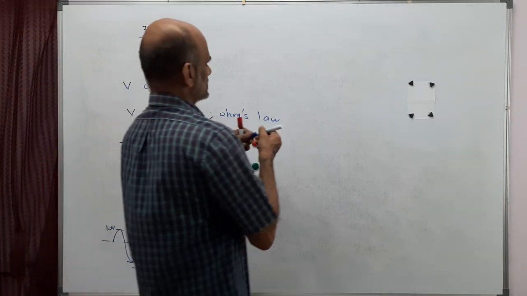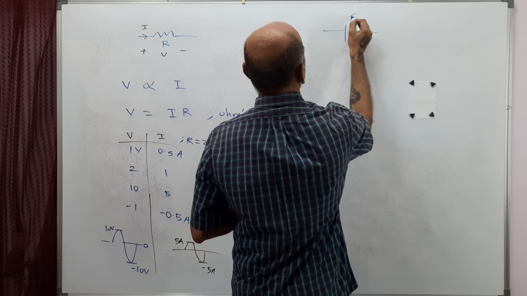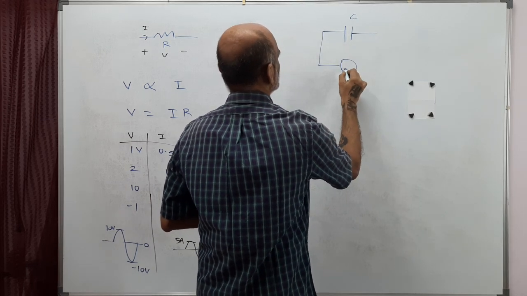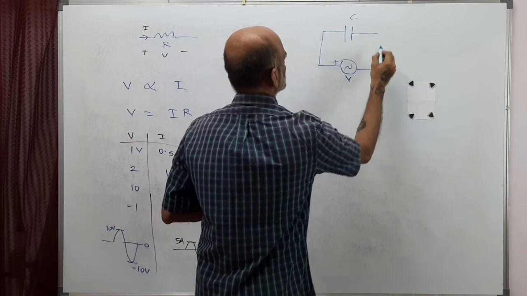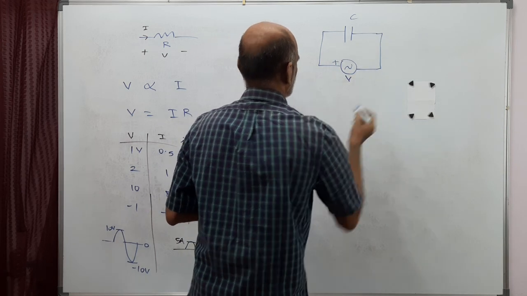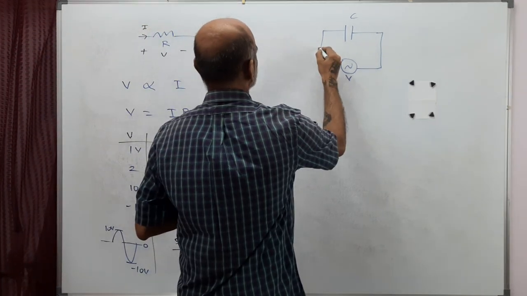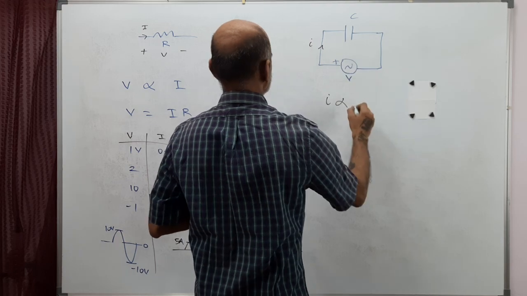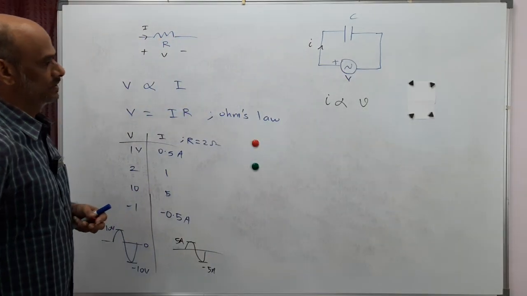Similarly, if you take a capacitor and apply a sinusoidal voltage, say V across it, here also the current I, which is flowing here, is proportional to the voltage that's appearing across this capacitor.